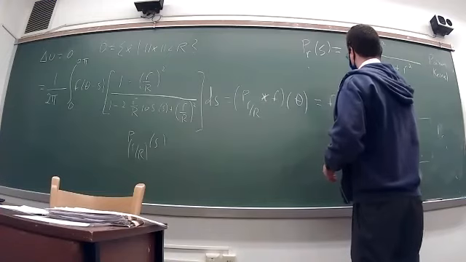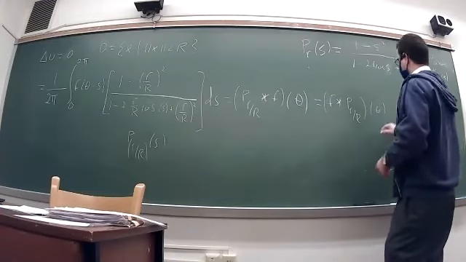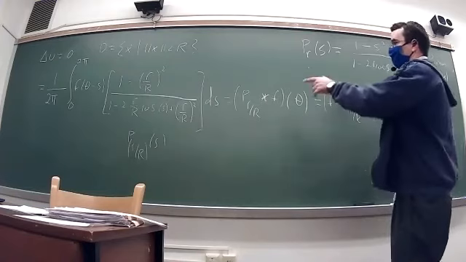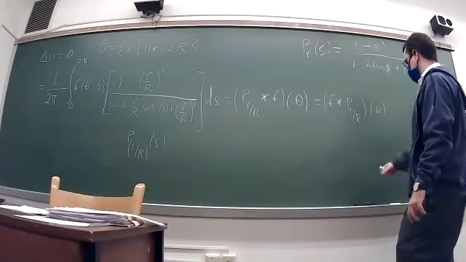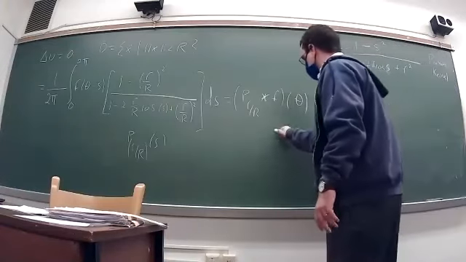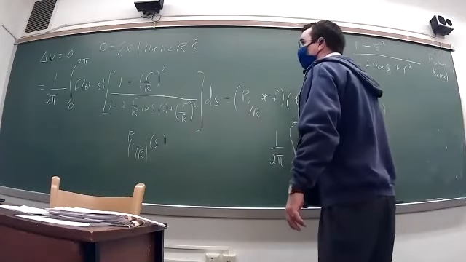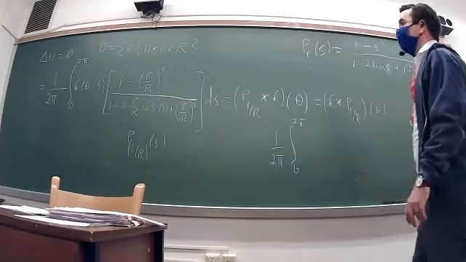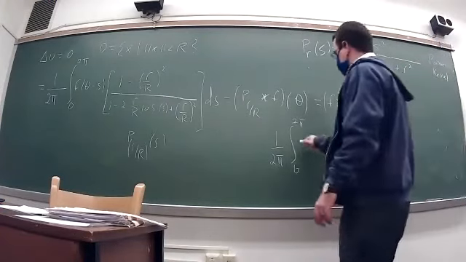So I'll make this look like the book formula for you. You could rewrite this as one over 2 pi, integral from 0 to 2 pi, f of s.